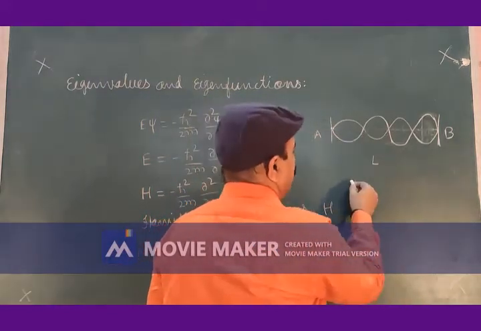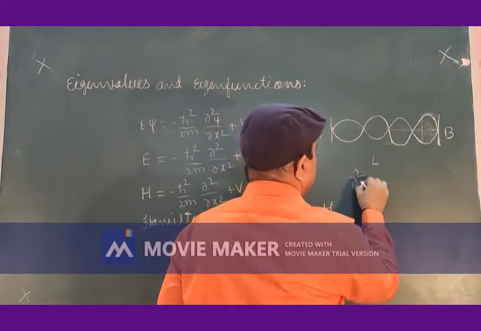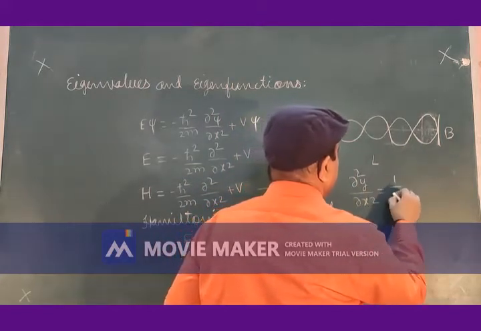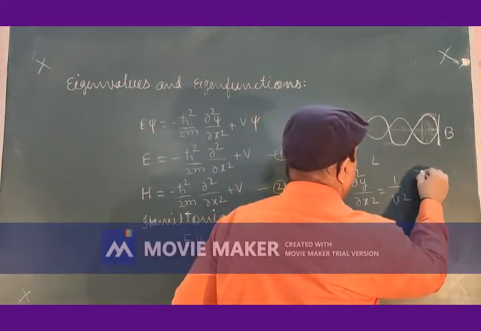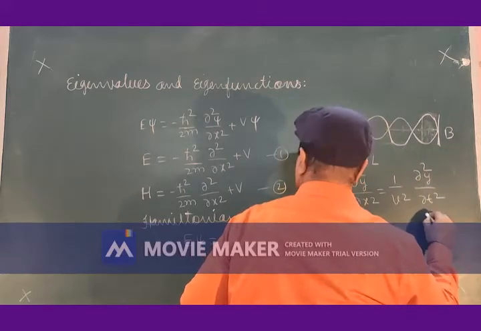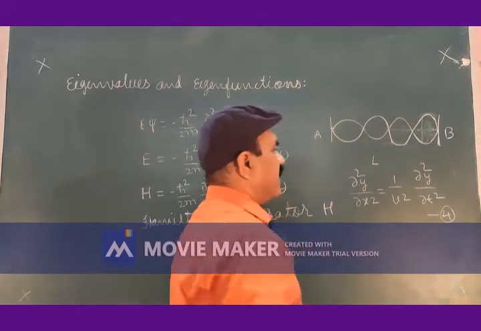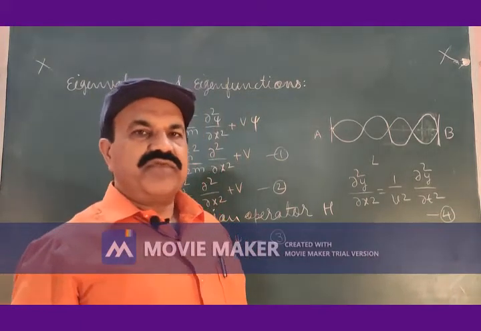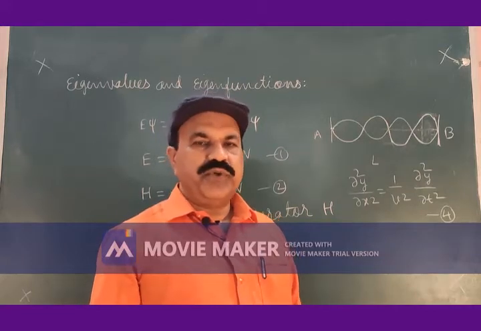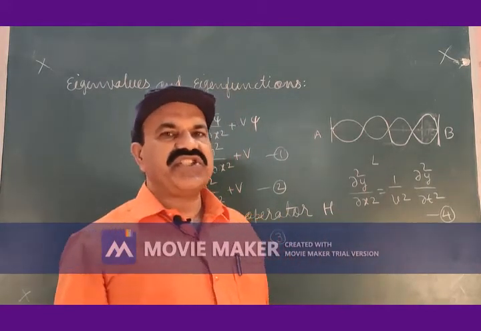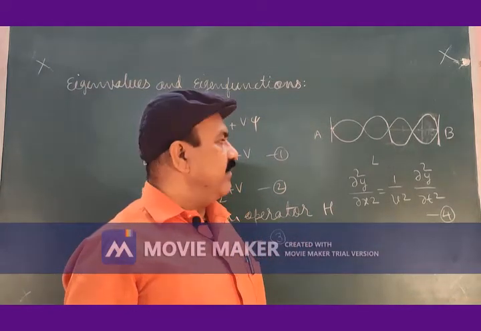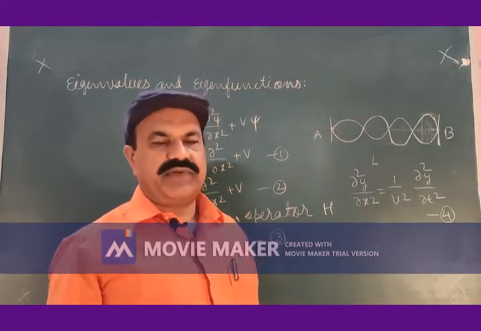The differential equation for this stationary wave pattern will be this one. The differential equation for the stationary waves produced across the stretched string will be this: ∂²y/∂x² = (1/v²) ∂²y/∂t².